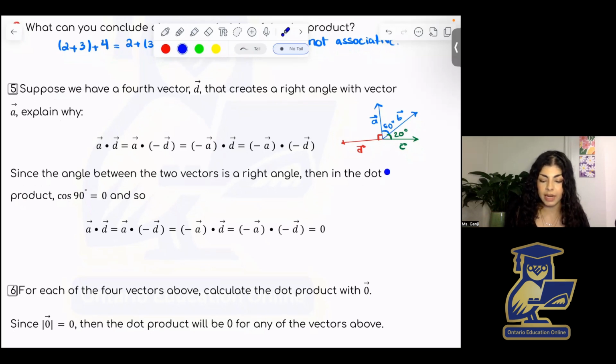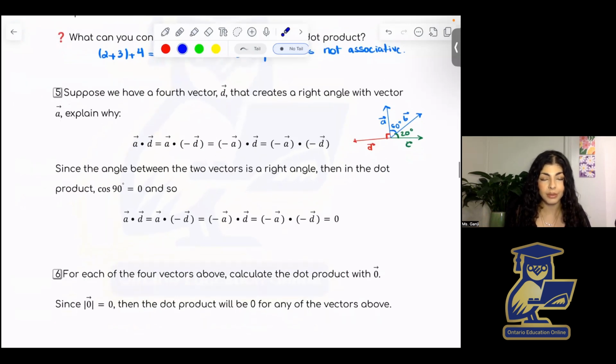So even if I did negative A this way or negative D this way or any combination of these four, then because cosine of 90 degrees is 0, all of these are just equal to 0. So then 0 is actually equal to 0 in all these cases, so they are equal. And so you can actually make a conclusion here as well for any two vectors that form a right angle, or are perpendicular to each other, then their dot product is always 0.